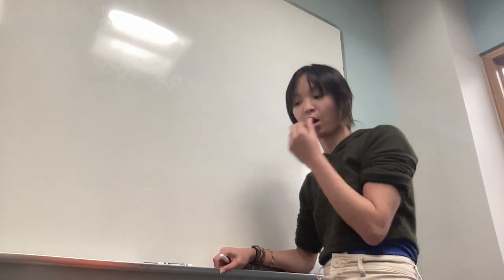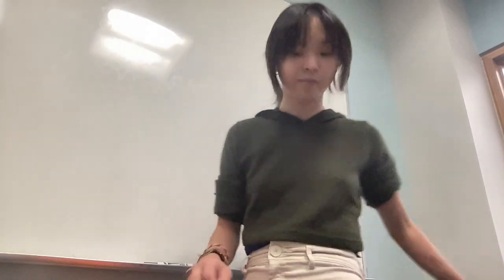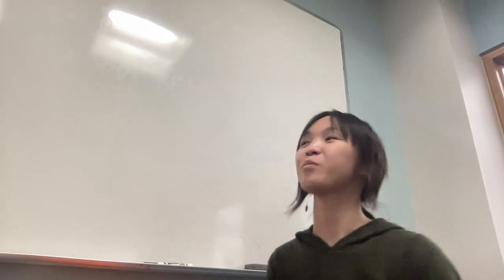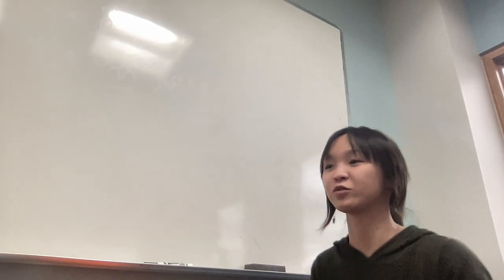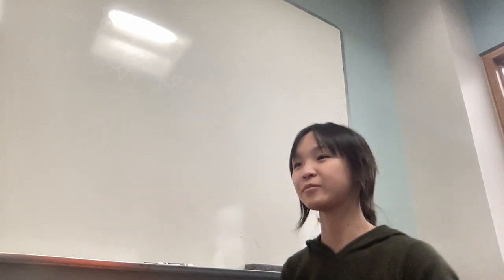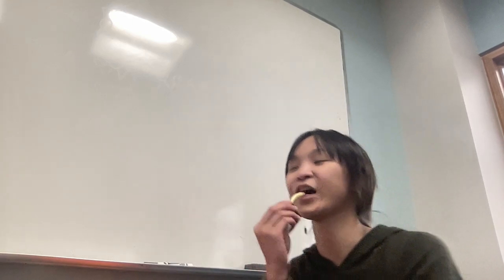What's the difference? Discrete has endings. It kind of ends. Does that make sense?